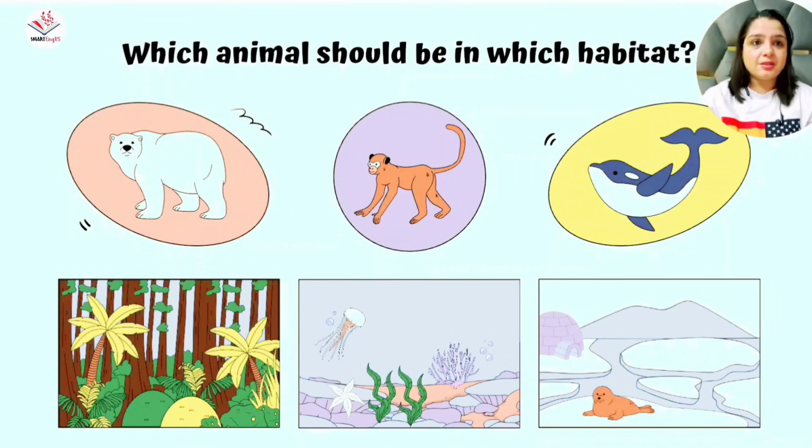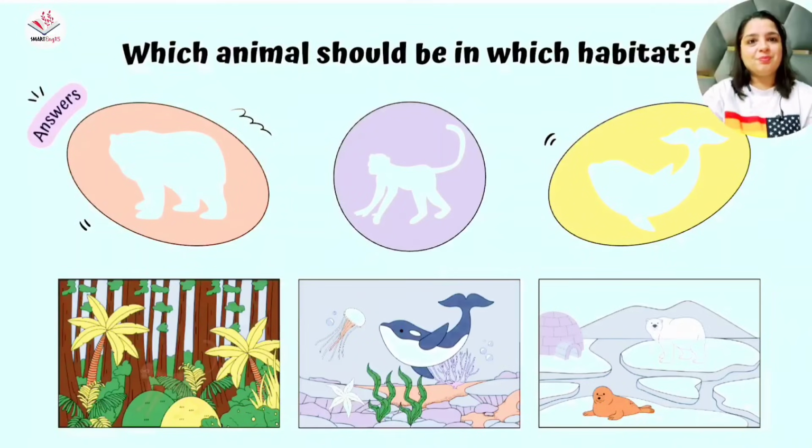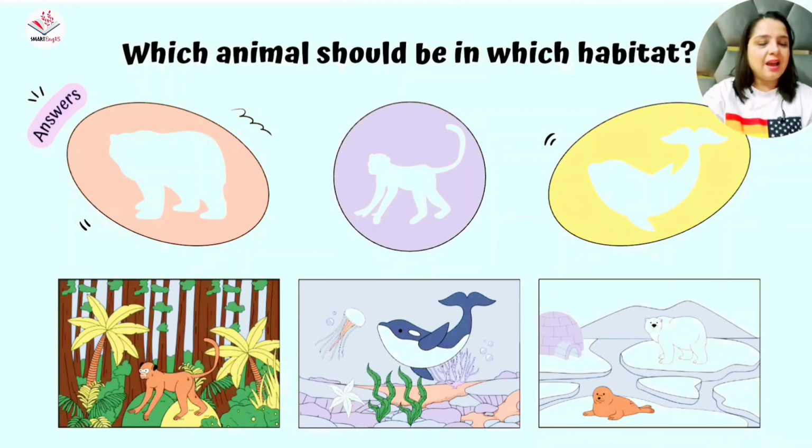The first one is a forest, another one is a sea or an ocean, and the other one is an icy area. So let's see the answers. As per the answers, the monkey should be in the forest, of course, the whale should be in the sea, and the polar bear should be in a polar region, an icy region.